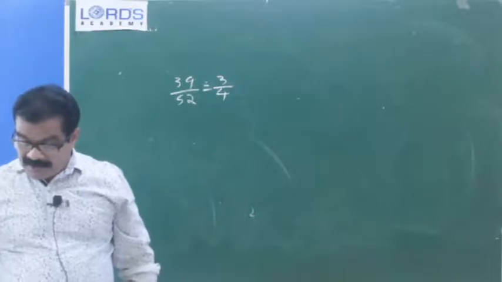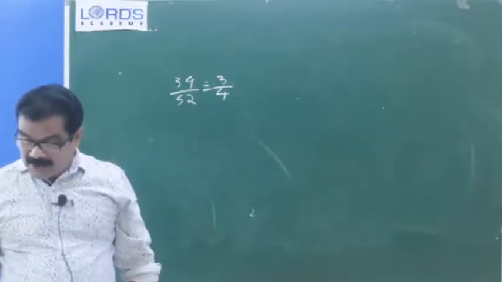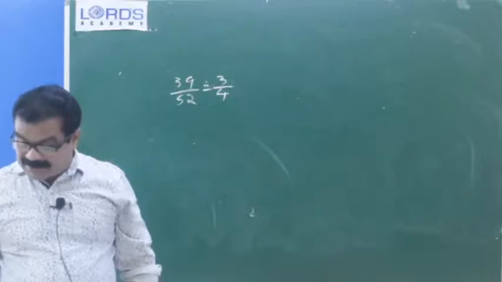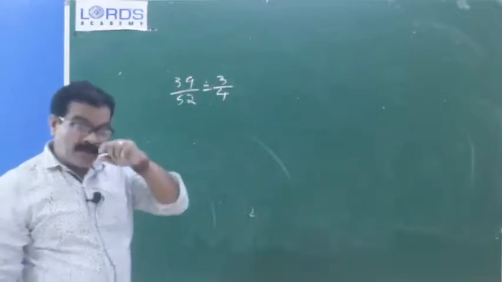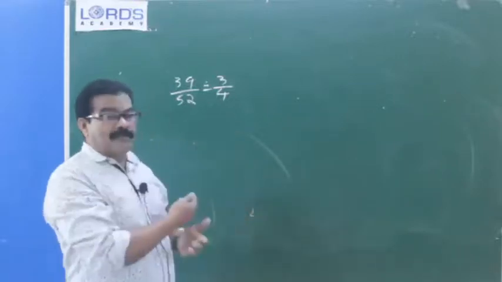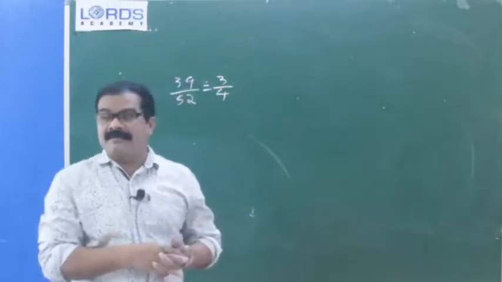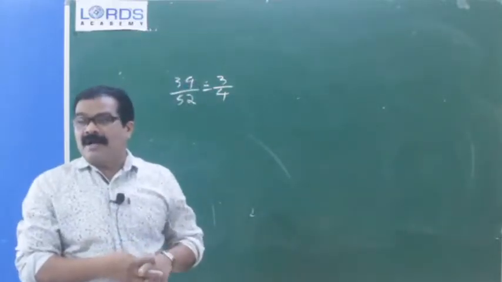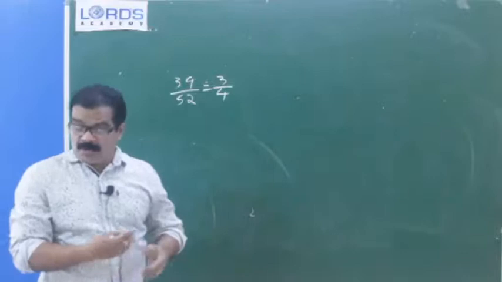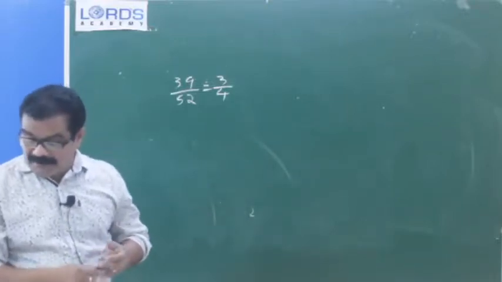The next, in that last subdivision, question number 8: a queen or a jack. In this playing cards there are 52 cards. How many queens and jacks together? Tell me.